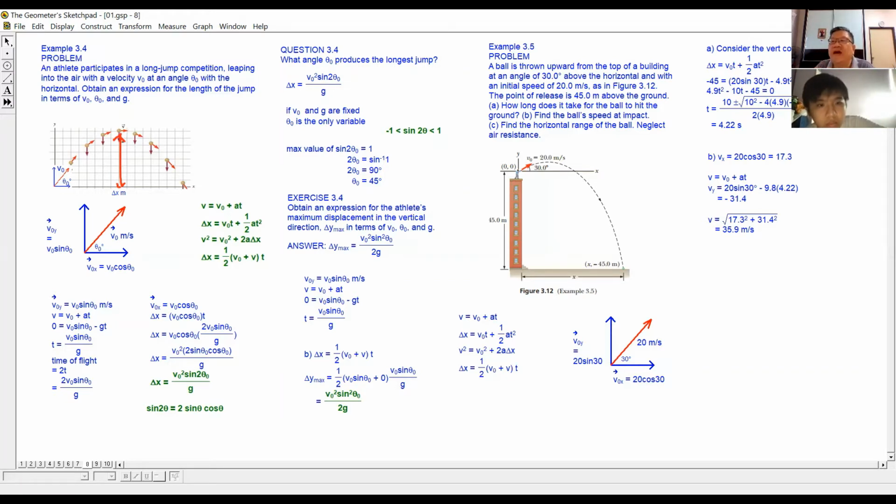I'm doing this to find the time of flight. If you look at the vertical component, it goes up and comes down. The vertical distance covered is negative 45 meters.